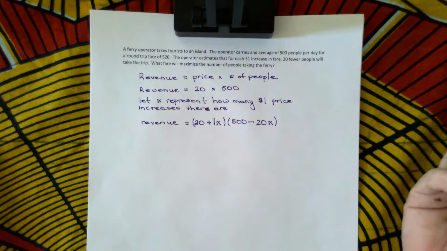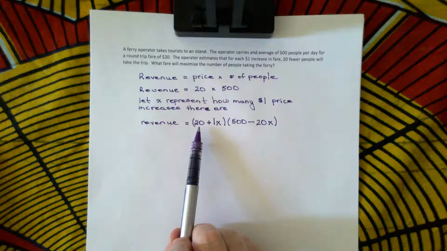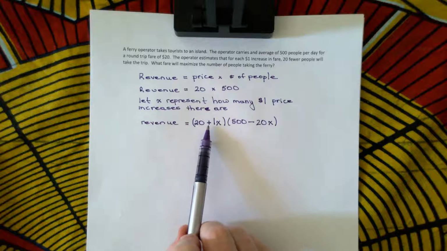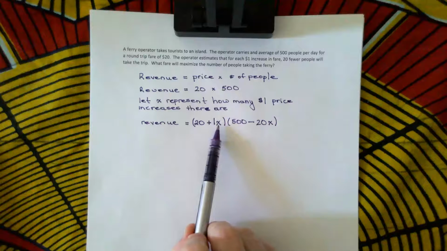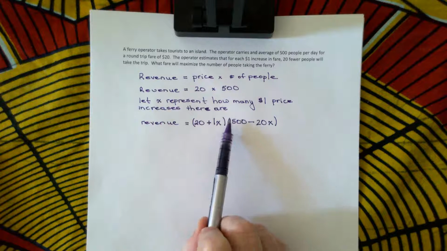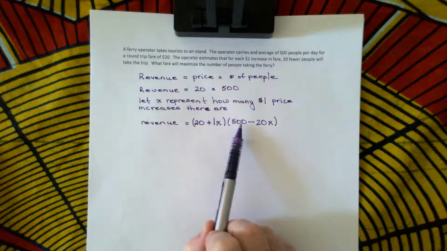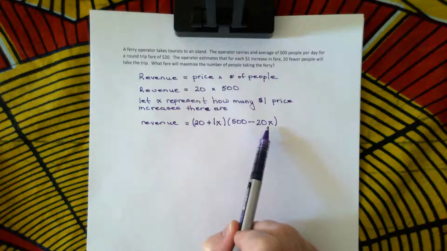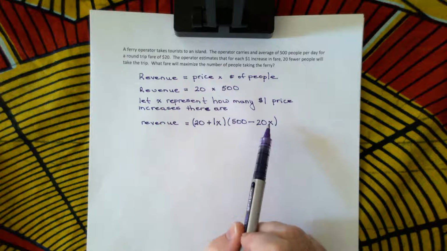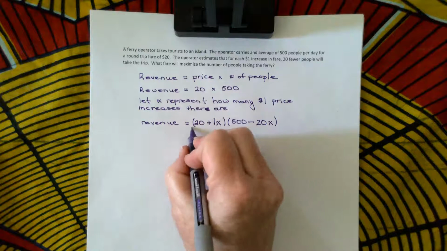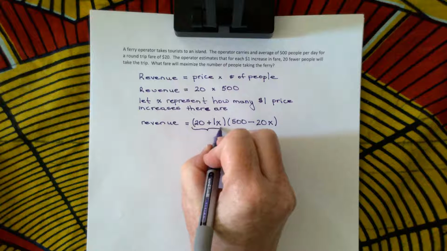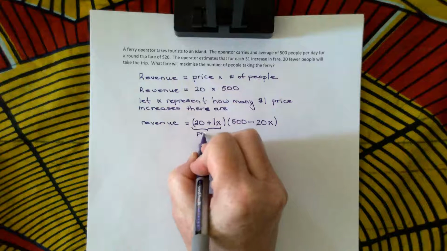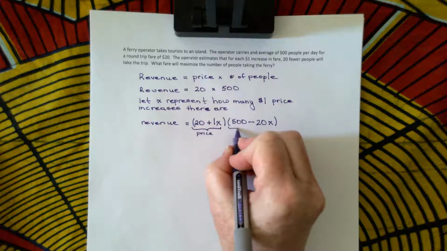So that's the easiest way, I think, to set up our equation. Just think about it: there's $20 increased by $1 a bunch of times, but we don't know how many times. And then that's going to cause the number of people, which was 500, to decrease by 20 that same amount of times. So this in our equation represents our price, and this represents our number of people.